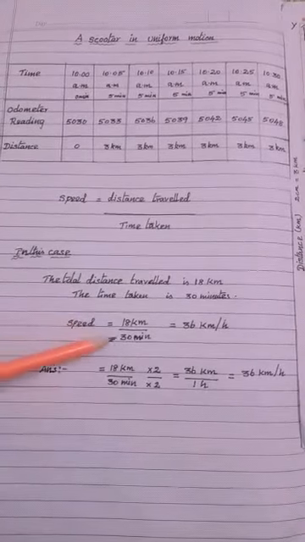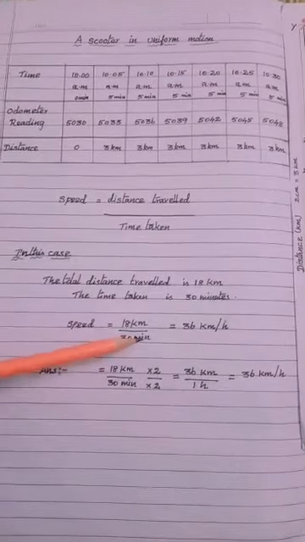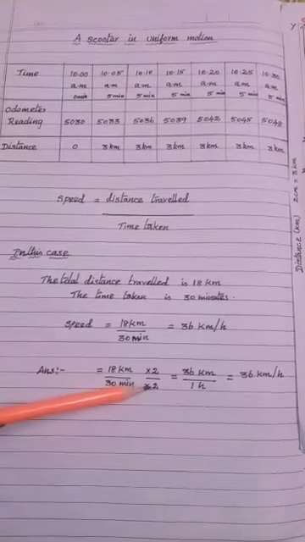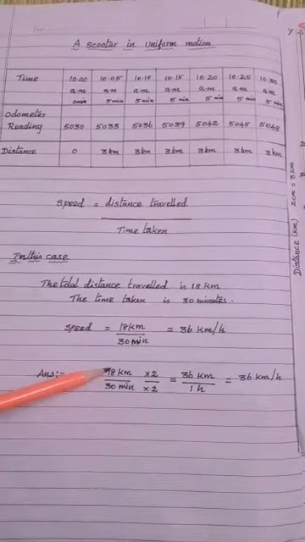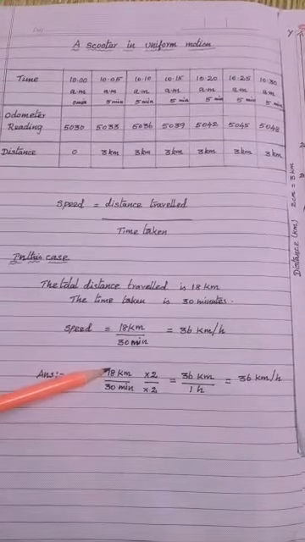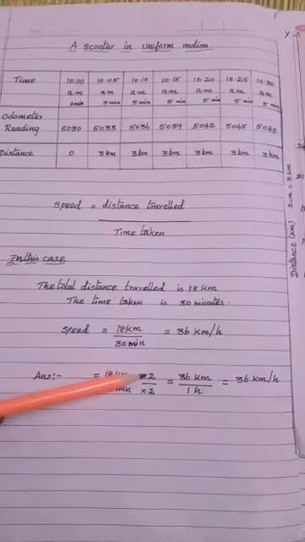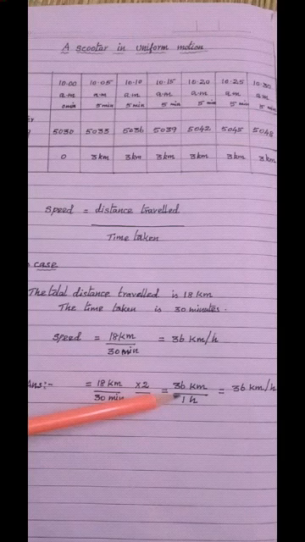Here, in order to convert 30 minutes into an hour, we have to multiply 30 by 2. So, we have multiplied the numerator also by 2 to get an equivalent fraction. So, the answer is 36 kilometers per hour.